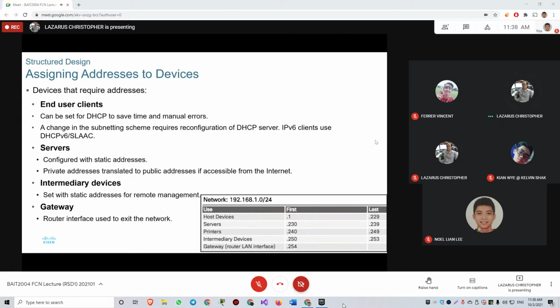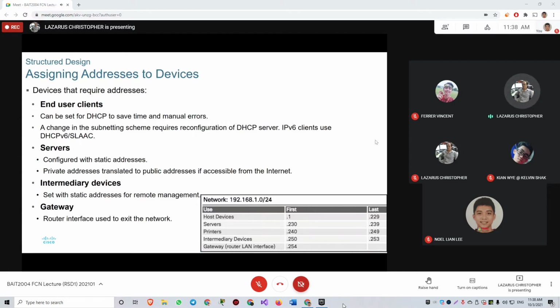Intermediate devices also, because for remote management, you don't want to keep guessing if it's dynamic. You can't even guess, because within a range you have to guess. So don't guess. For remote management of a switch, you put a static address. Router interface for the gateway also put as fixed.